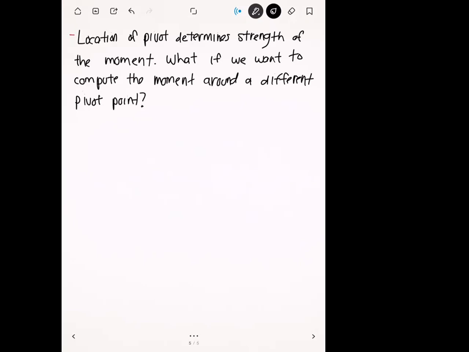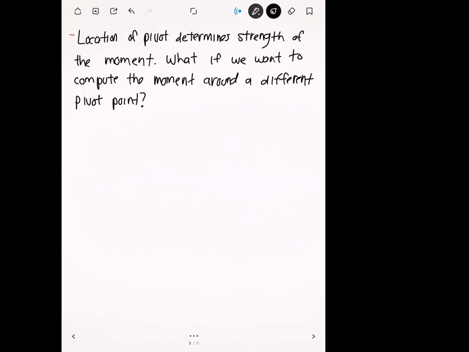This is pretty common for biomechanical analysis. Say you're analyzing an athlete who has his foot planted into the ground, about to make a cut. You computed the moment of the ground being applied onto the knee joint, but you want to compute the moment being applied onto the hip. So you want to take the moment you have on the knee and shift its pivot point up to the hip.